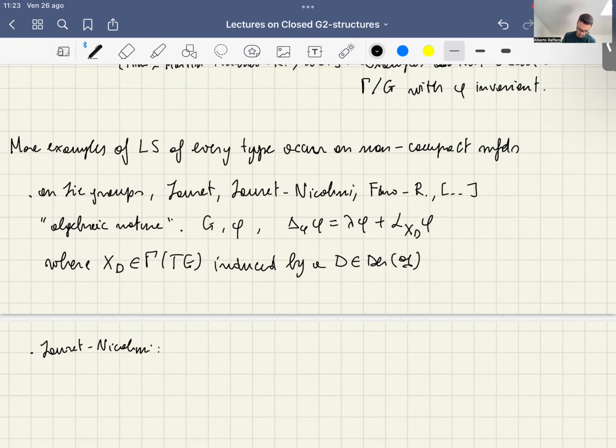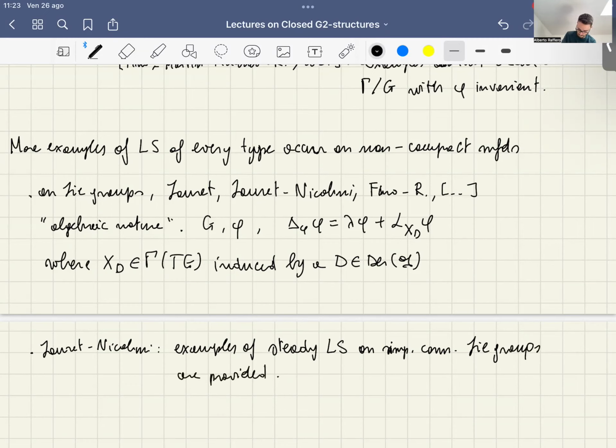And so what they proved is that examples of steady solitons on simply connected Lie groups are provided by left invariant, extremely Ricci pinched closed structures.